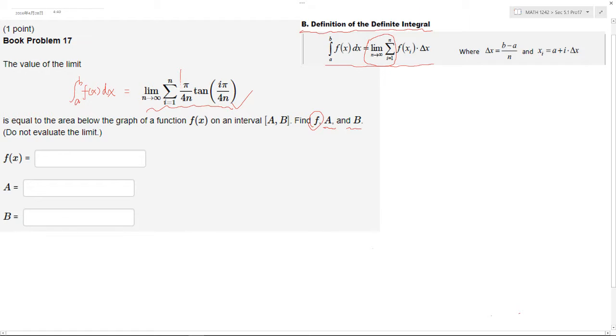So we can see this part equals this part. Let me write it down: f of xi delta x equals, let me switch the order of the expression, tangent of i pi over 4n times pi over 4n.